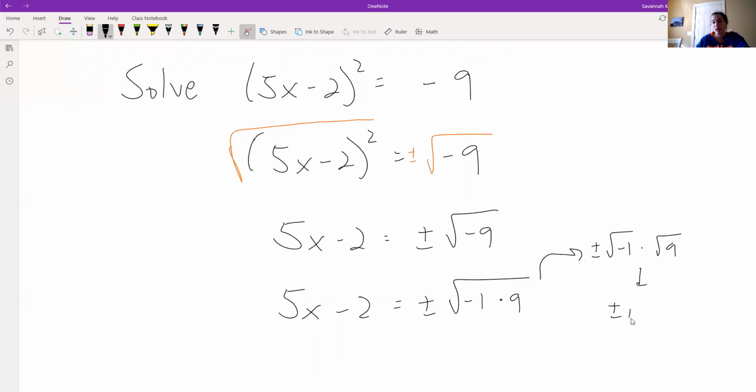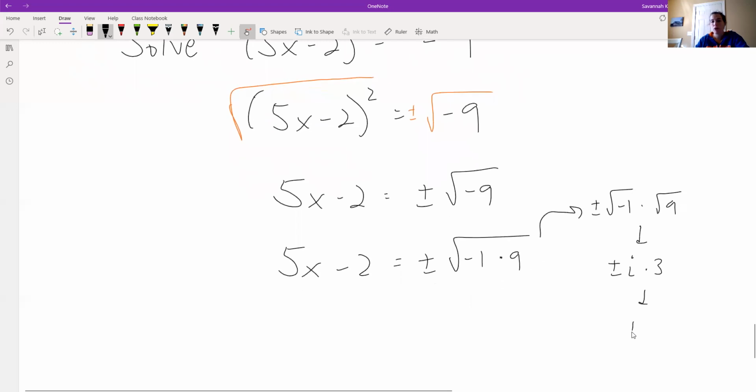Square root of negative 1 is i. Square root of 9 is 3. So the very next step, I just wanted to follow that logic train all the way down, I'm going to have 5x minus 2 equals plus or minus 3i.